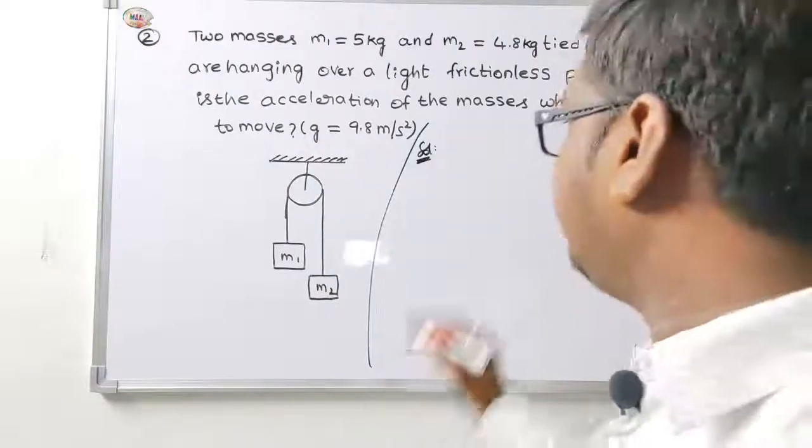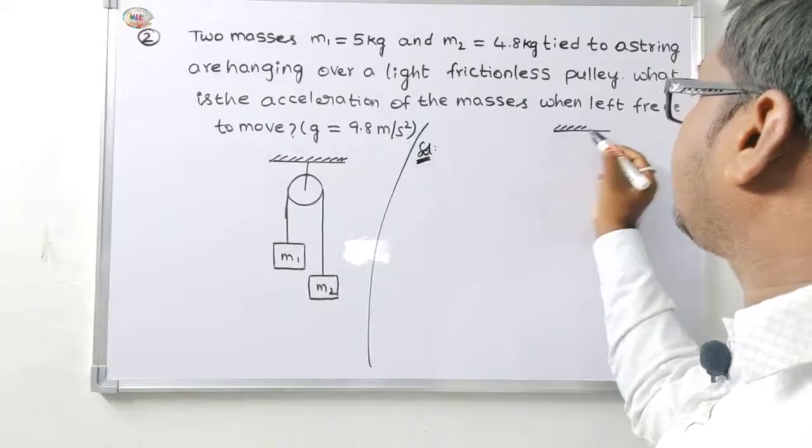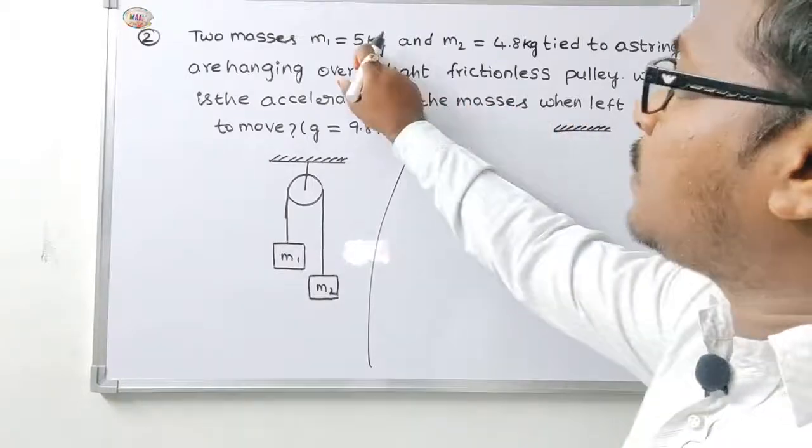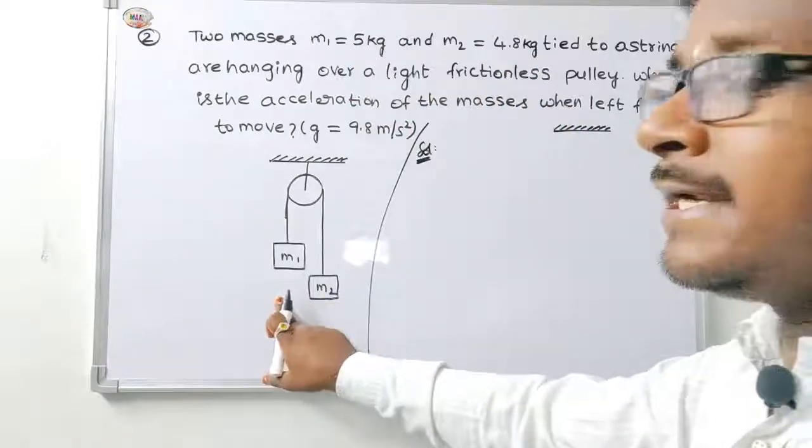In this problem, first draw the pulley diagram. M1 is equal to 5 kg, M2 is equal to 4.8 kg. M1 is greater than M2.